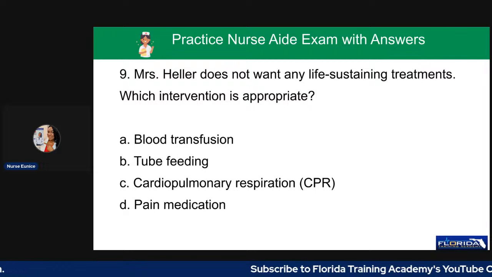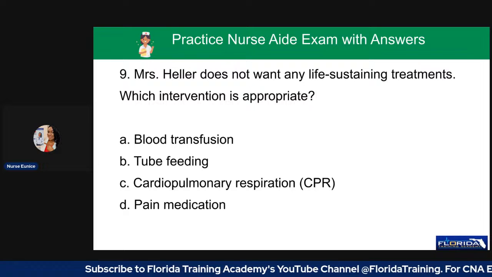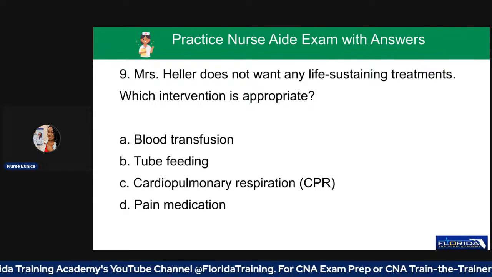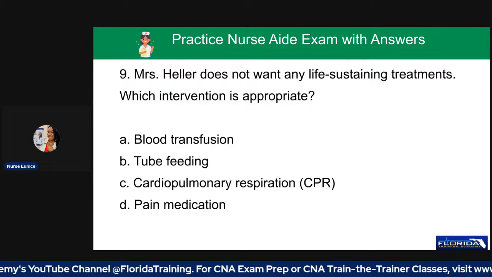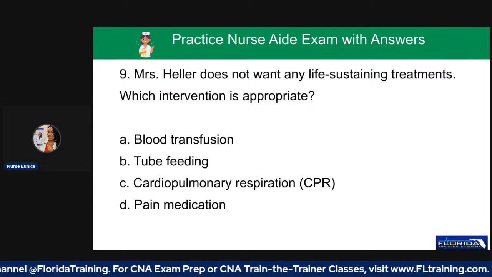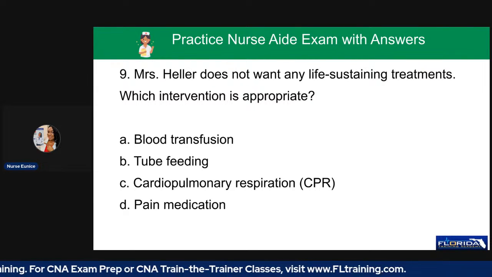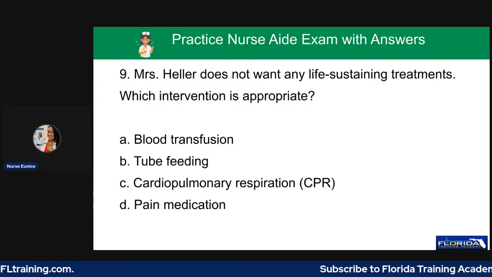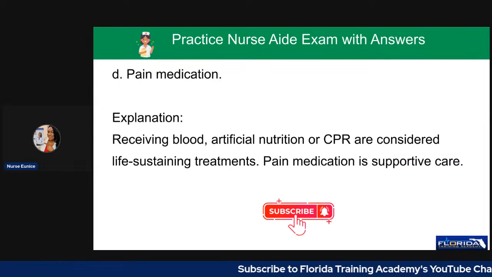If you give someone a blood transfusion, that would prolong life. If you give someone tube feeding, you're giving them nutrients through a tube that's connected through their stomach. So that would also sustain life. And of course, if we do CPR, that's a possibility that it could sustain life also. So by process of elimination, the only option that does not sustain life is D, pain medication.